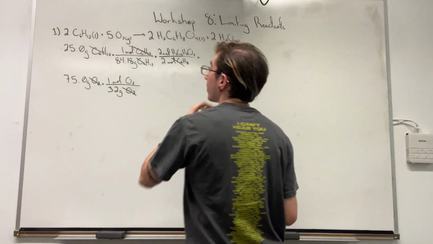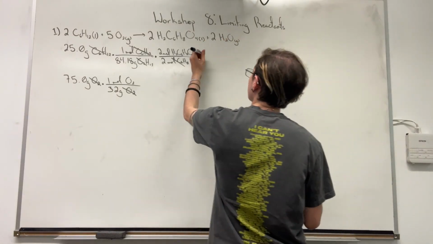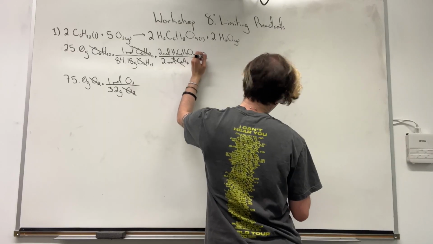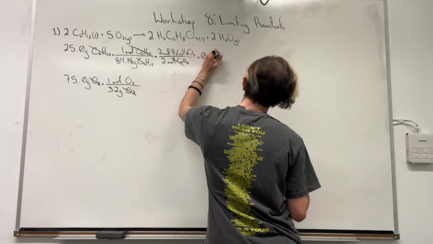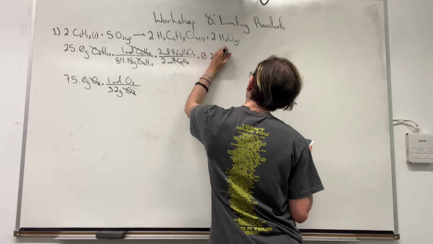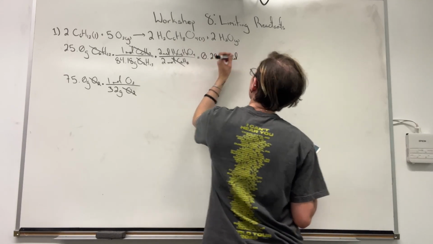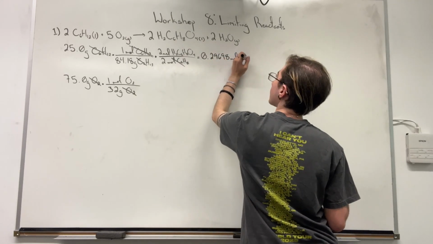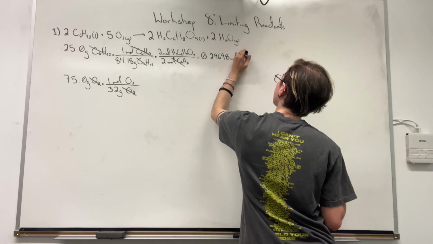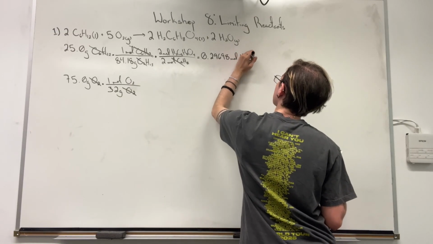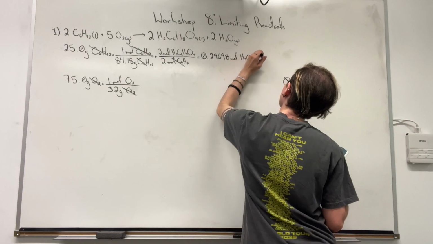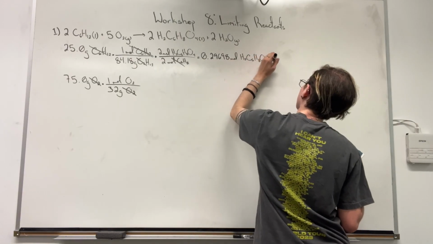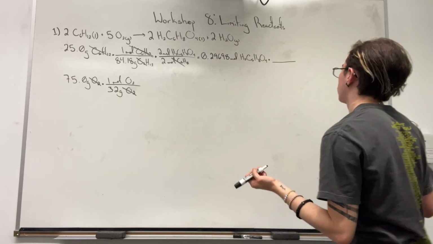But I am going to take a pause here to do the math real quick. And so 25 grams of cyclohexane is going to produce 0.29698 moles of adipic acid, H2C6H8O4, and now I'm going to convert to grams just to have the mole value there.